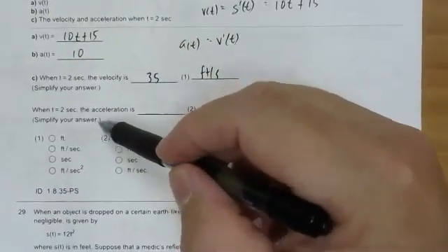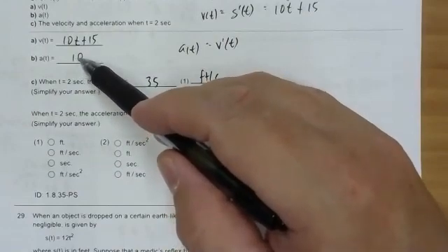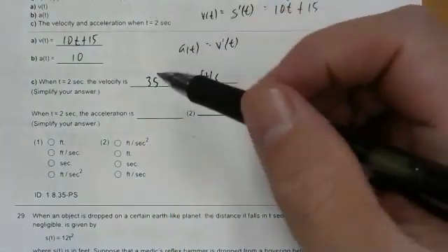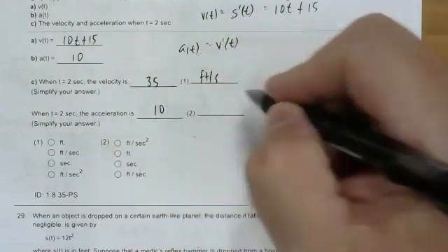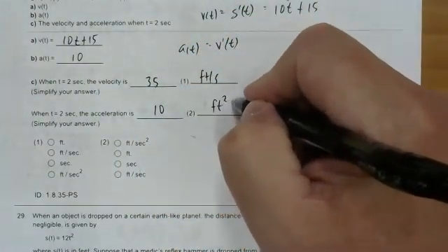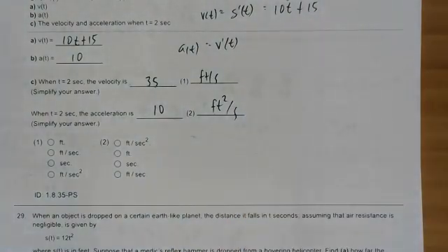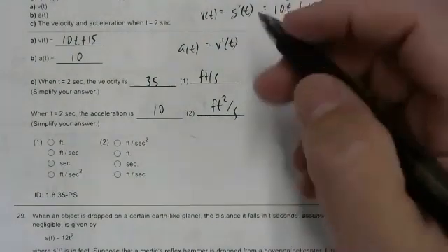When t equals 2, the acceleration, well, here's the equation of acceleration, actually doesn't change. It's not based upon the time, it's just always 10. Acceleration is feet squared per second. Oh, sorry.